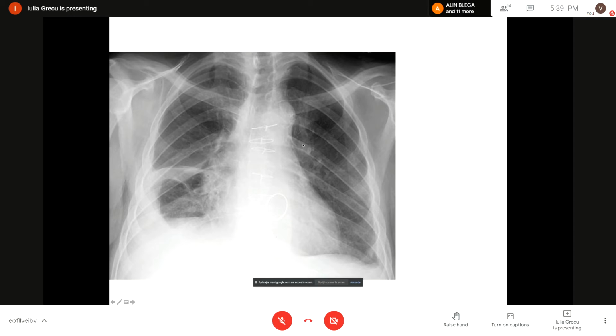And I think it's a standing position, not on the side, not on its back, because of the features of some of these opacities. So it's a posterior anterior projection. Another thing, what should we look for?